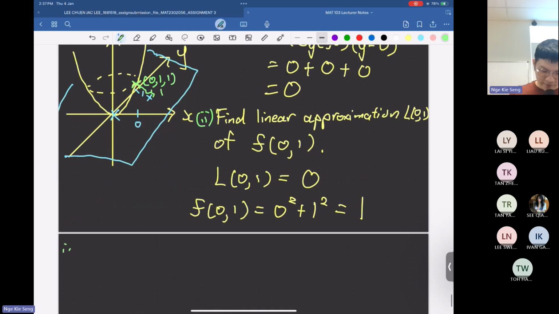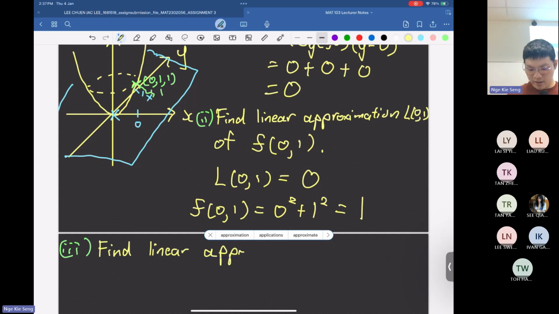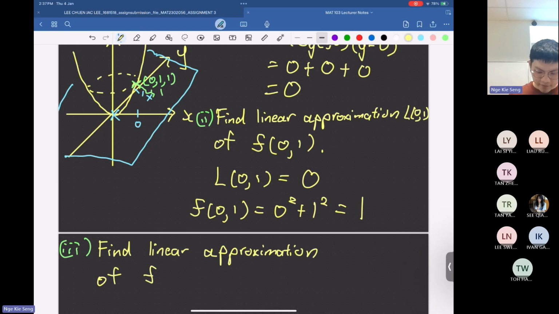About the third point, let's make it smaller. Find the linear approximation of f(0, 0.1), much closer to (0,0).